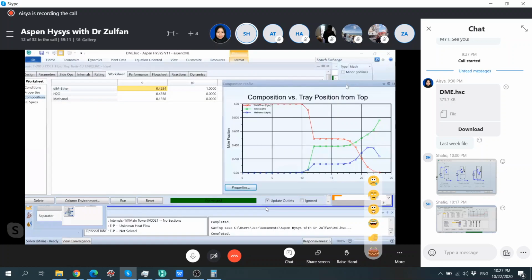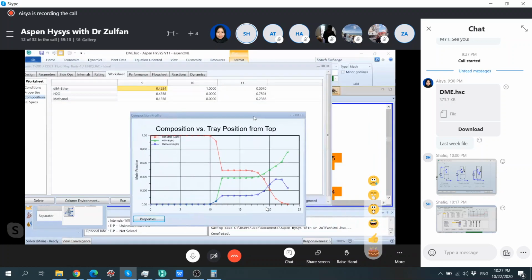So we have DME 0.4, water 0.4, and then methanol 0.1. So the best location to put the feed is the stage that has the closest concentrations as in the feed.